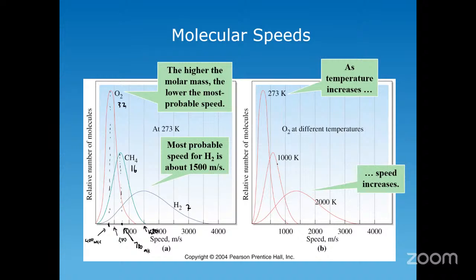For the graph on the right, same plot, but for one gas at different temperatures: 273, 1000, and 2000 Kelvin. So for 273, it is the same as here. The root mean squared speed will be 400. In the case of 1000, I drop this vertical line down here. What do you think this is?